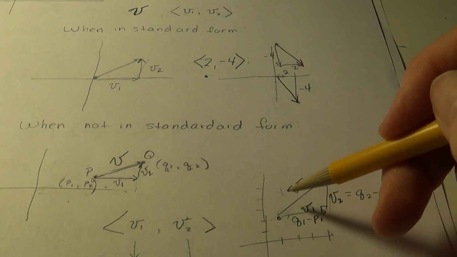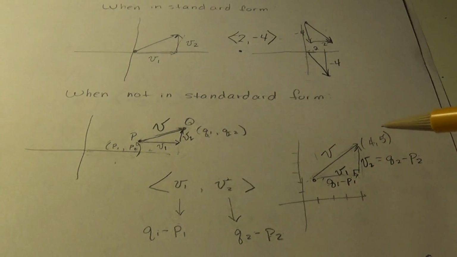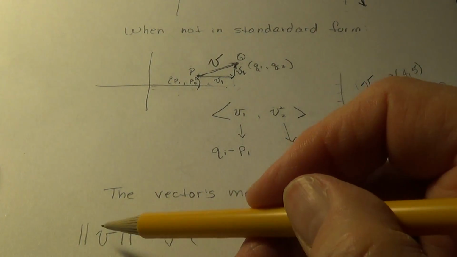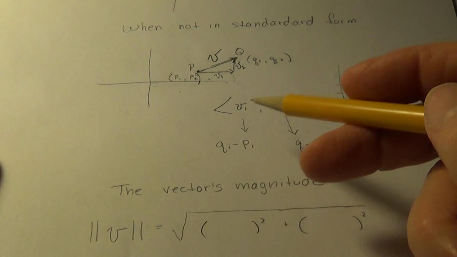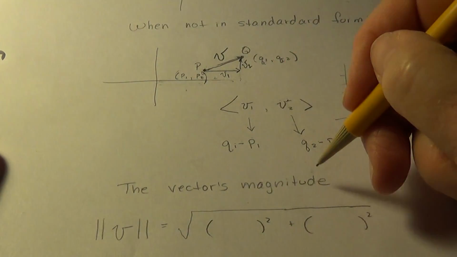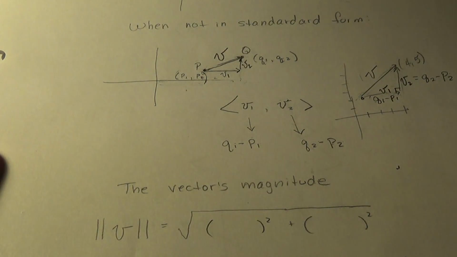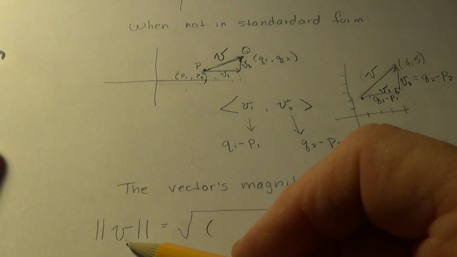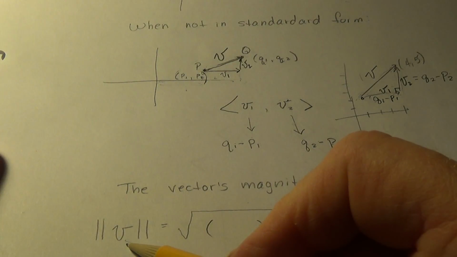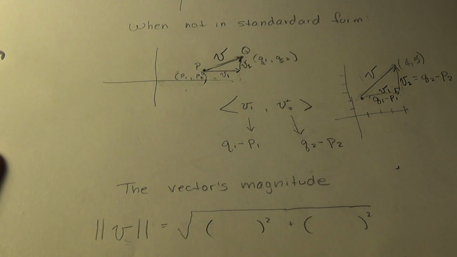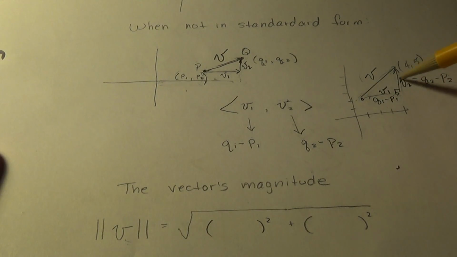We indicate the length of vector V with double lines like this. So this means the vector's magnitude. 2 lines here and 2 lines there. That all that means is the length of the vector, the magnitude. And we do that by taking the square root of this side plus this side.